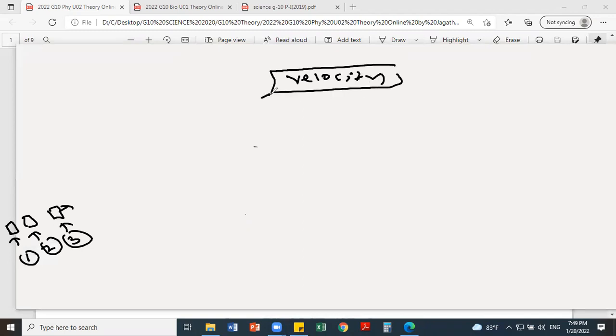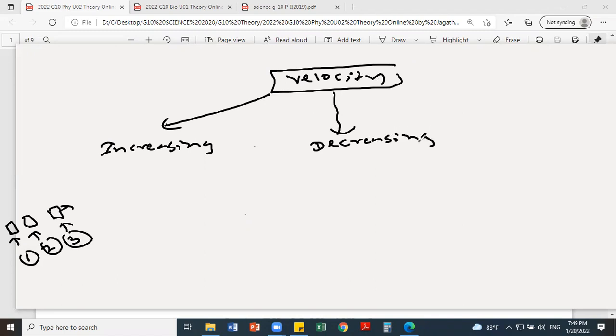One is velocity increasing, from 0 to increasing of the velocity. The other one is decreasing of the velocity. Velocity decreases when you apply the brake. And the third one, velocity constant, or we can write uniform. These are the three things.